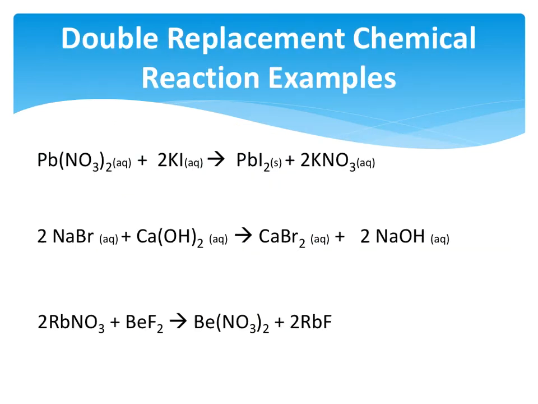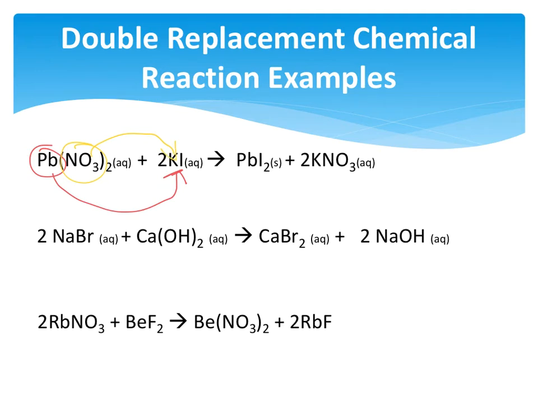Okay, so now let's look at some examples of a double replacement chemical reaction. So it's very simple. Let's just look at it this way. When you look at this, what's going to happen is the lead here is going to get together with the iodine here. And then the nitrate here is going to get together with the potassium here. So those two are going to link up.